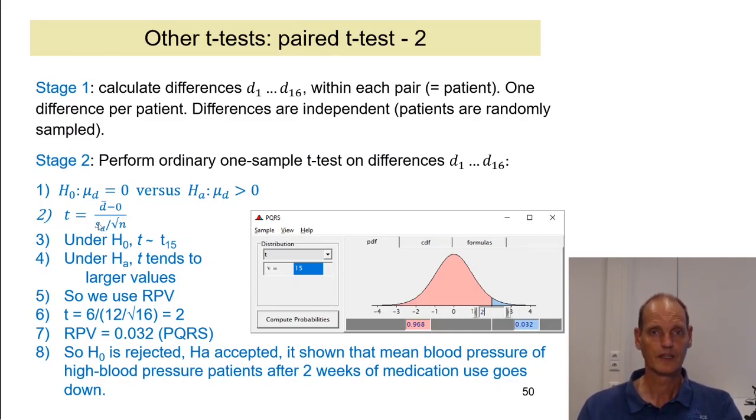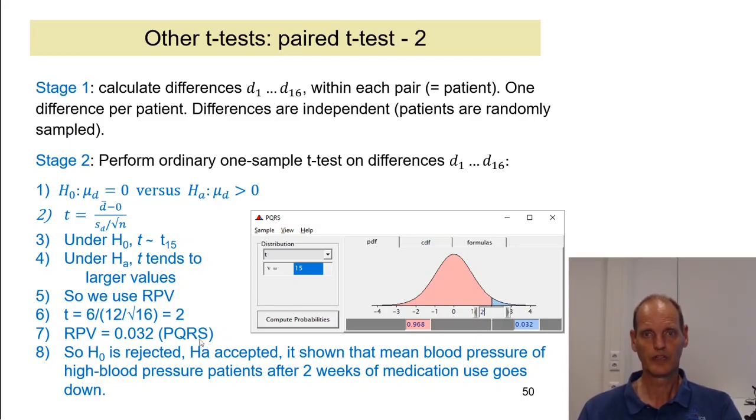Then test statistic t is estimator minus 0, where the estimator is d bar, divided by the standard error, SD over square root n. Under the null hypothesis, we use a t distribution with n minus 1 is 15 degrees of freedom. Under HA, t tends to larger values, so we use RPV. We find as an outcome of the test statistic, t is 6 divided by 12 over square root 16, which happens to be equal to 2.